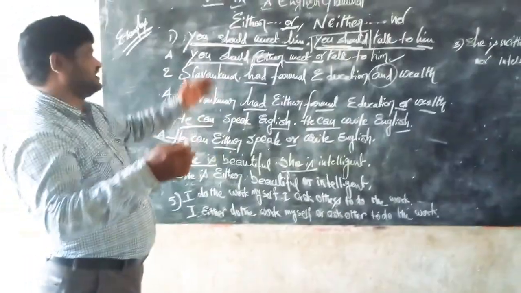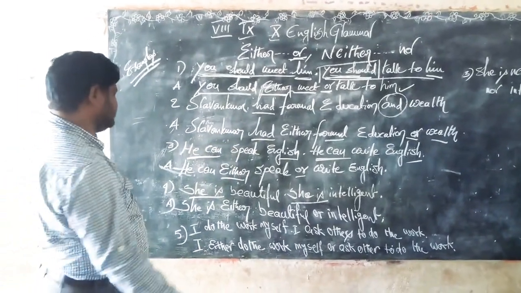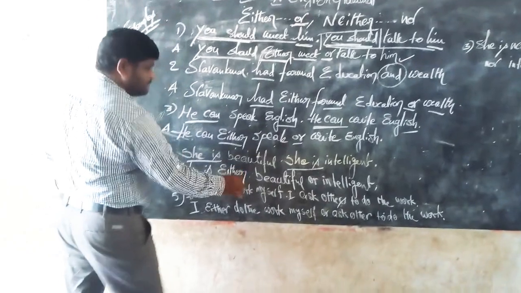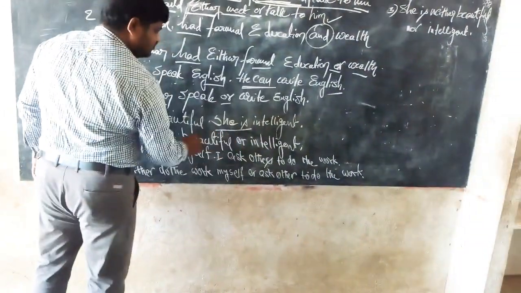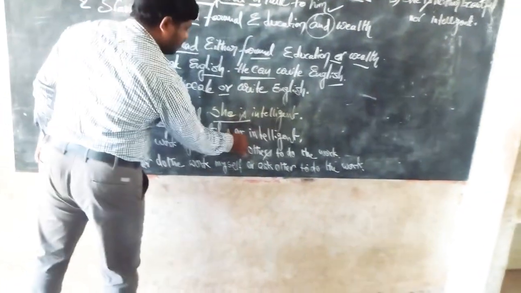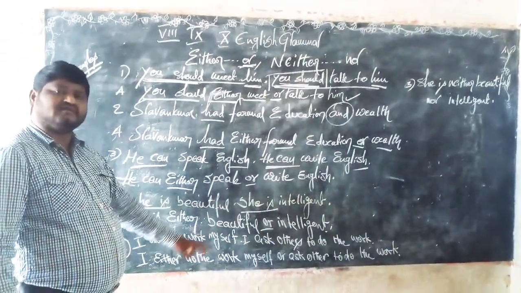Why? Because either is in the first sentence and or in the second sentence. She is either beautiful, and next or intelligent. Okay, friends. She is either beautiful or intelligent.